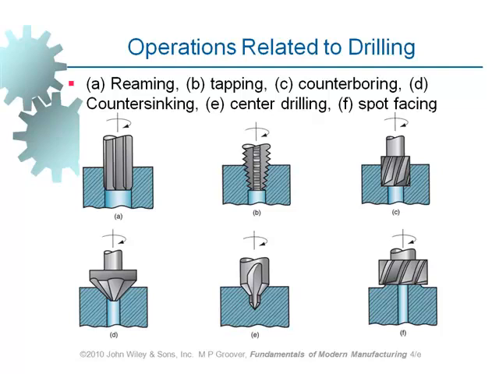Otherwise, we might make a hole which is really big, but it is not accurately positioned. And that one is spot facing, which is often used on casting processes. If you want to make a small milling to make a flat surface, then you can make use of a drill bit to make that happen.